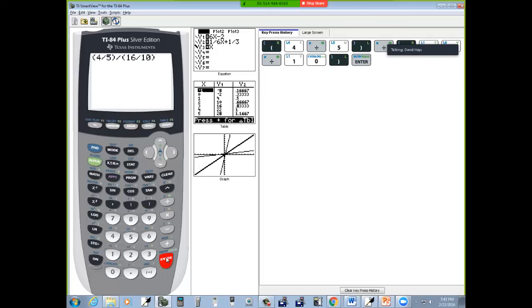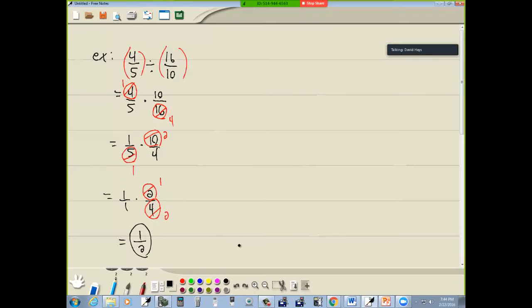And then press enter. Now we get a 0.5, so you do a math, enter at that point, and that would give us our 1/2. Now any of the other operations you don't have to do that on, but division, again, you have to put those parentheses around the fractions.